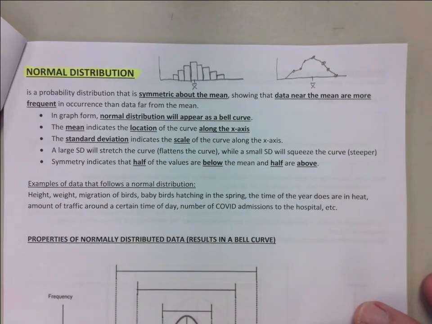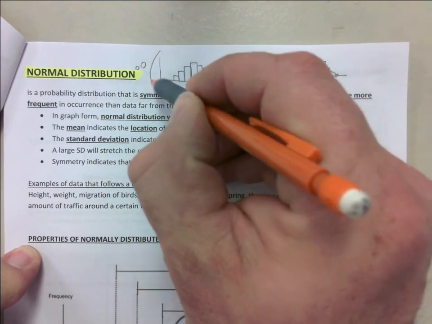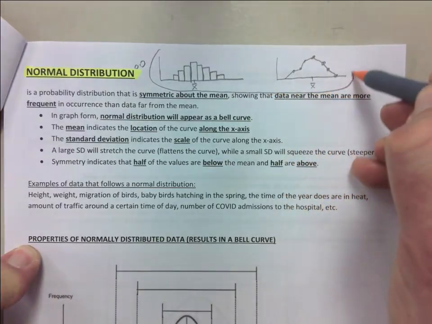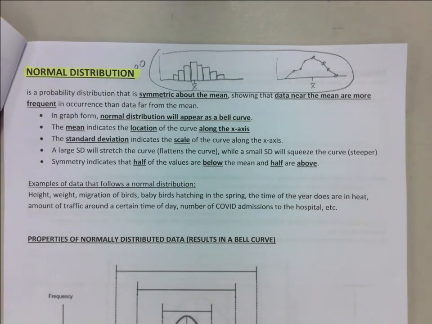So that's what I want you to think of. This is a big thinking bubble. So whether you're thinking histogram or just a frequency polygon, by the way, to me, they kind of do the same thing, then that's what you have.